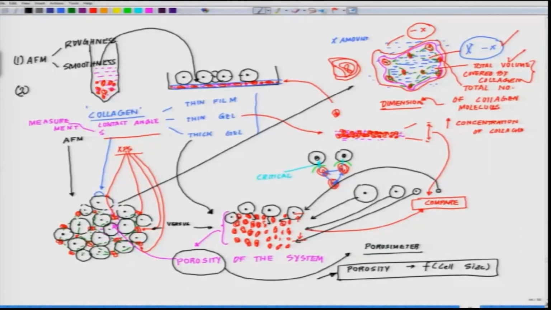Next, followed by that, what you can do is, I'm just putting it symbolically, contact angle measurements.